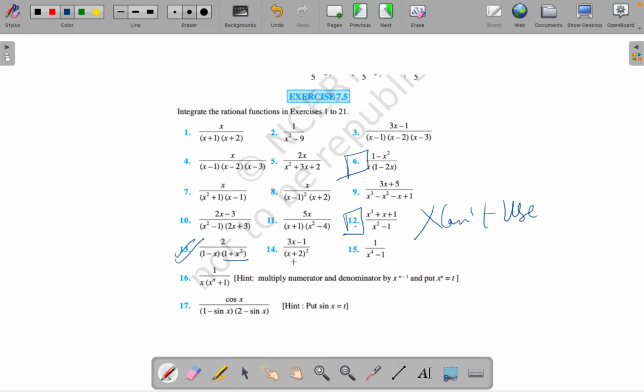This is again A upon the first factor, that is x + 2, plus B upon (x + 2) whole square.